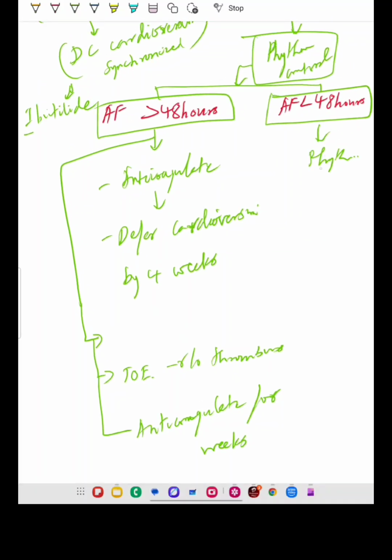So if your patient develops an AF and the duration is less than 48 hours, then you can go in for rhythm control in the absence of mitral stenosis, hypertrophic obstructive cardiomyopathy, left atrial enlargement, and a past history of embolic events.